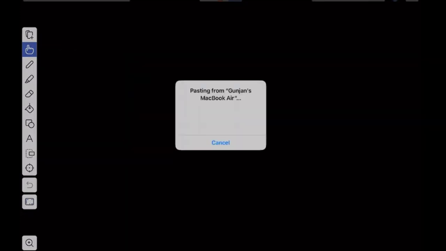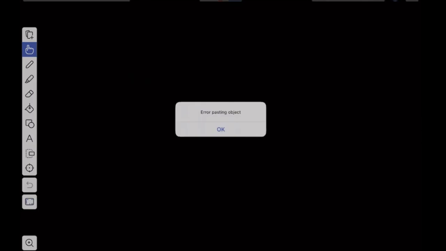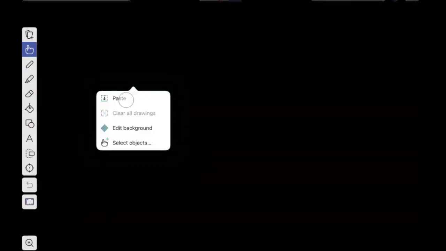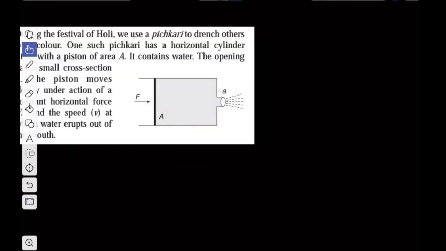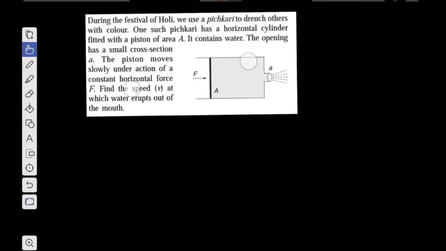Please try this question as a homework. One more question I'll give. We'll discuss this question in the class. But before that, please try these two questions.